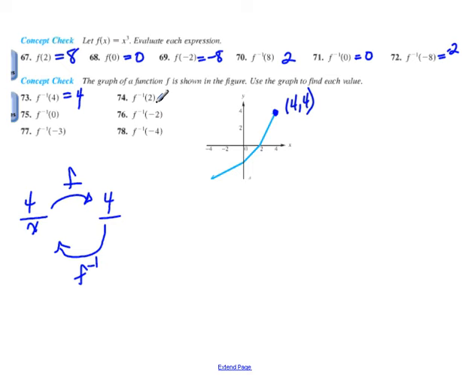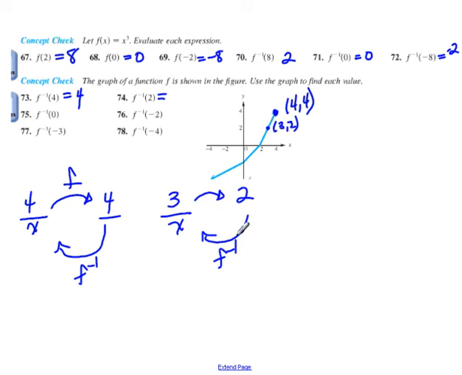F inverse of 2, well, it kind of looks like 3. Would you agree? Really approximating there. So f inverse of 2 means to find out what value of x had the output value of 2, and that looks like 3.